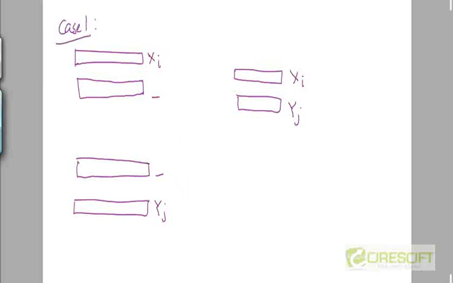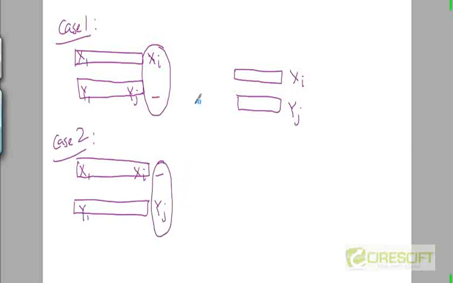Case 1 is when the transformation of x1 to xi into y1 to yj is going to happen in such a way that in the very last step we will delete xi. Case 2 is a path from x1 to xi to y1 to yj in such a way that in the very last step we are inserting yj.